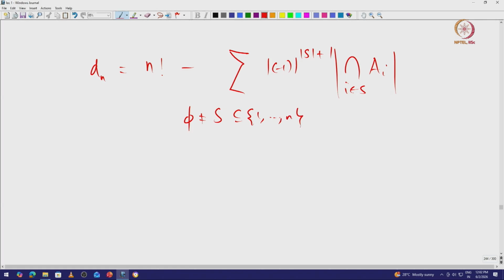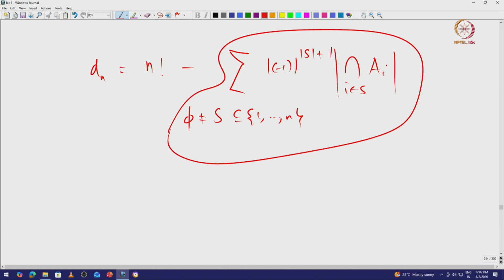I have rewritten the original formula in this fashion so that we can just look at this summation, which is exactly the cardinality of this union. We already know what this intersection is: it is n minus k factorial, and how many S's are possible? n choose k.